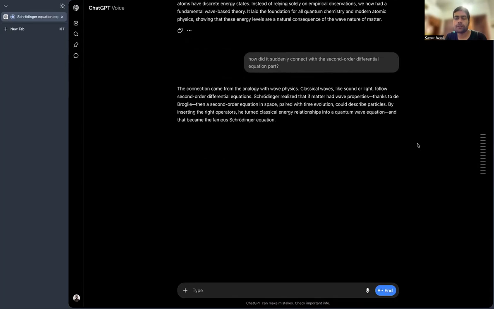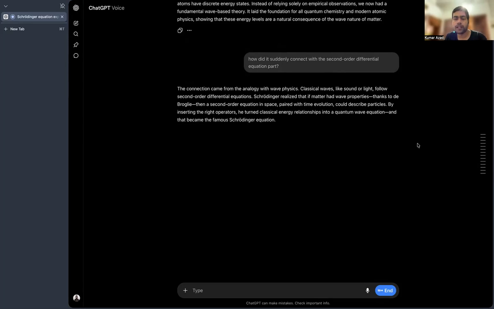So that was a very beautiful line that you talked about. That he realized that matter has wave properties, and that de Broglie confirmed. After that, the second order differential equation in space paired with the time evolution could describe particles.